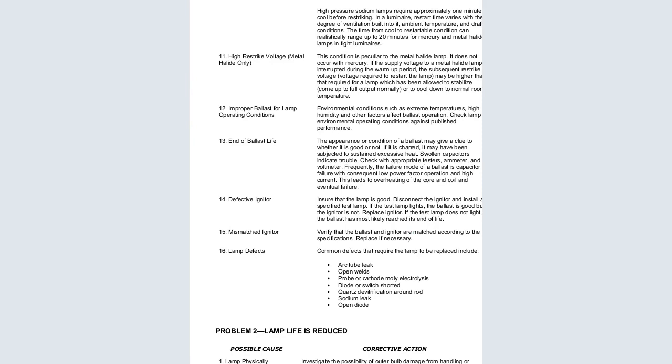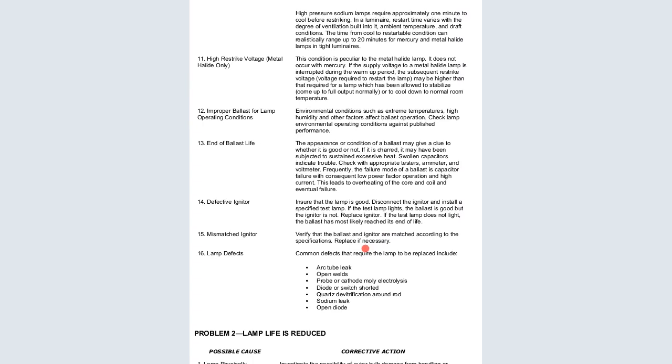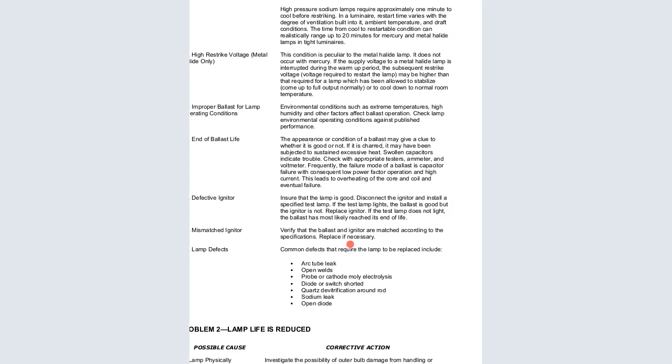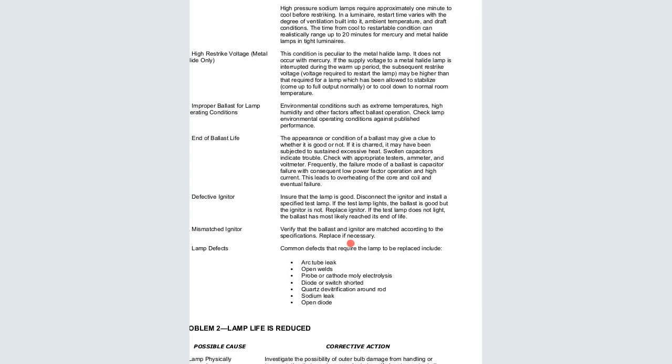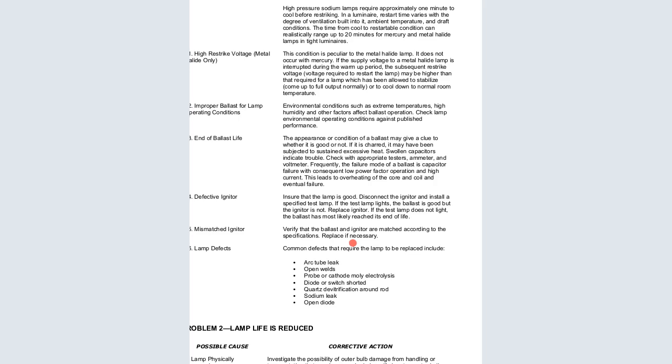If there's end of ballast life, then the appearance or the condition of the ballast may give a clue to whether it is good or not. If it is charred, it may have been subjected to sustained excessive heat.